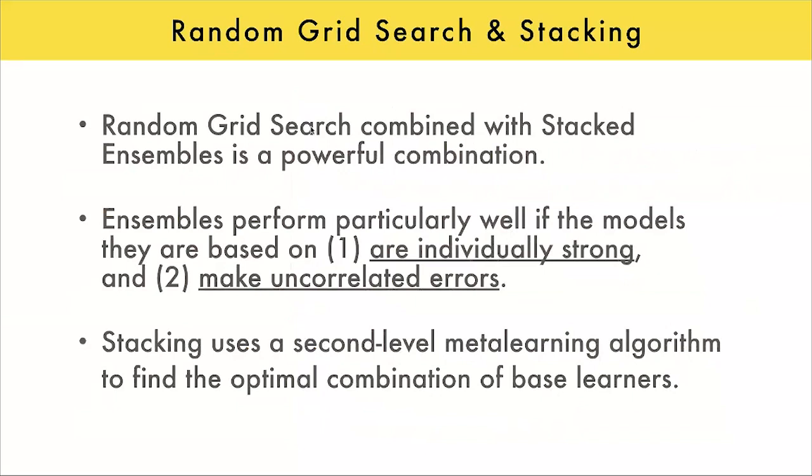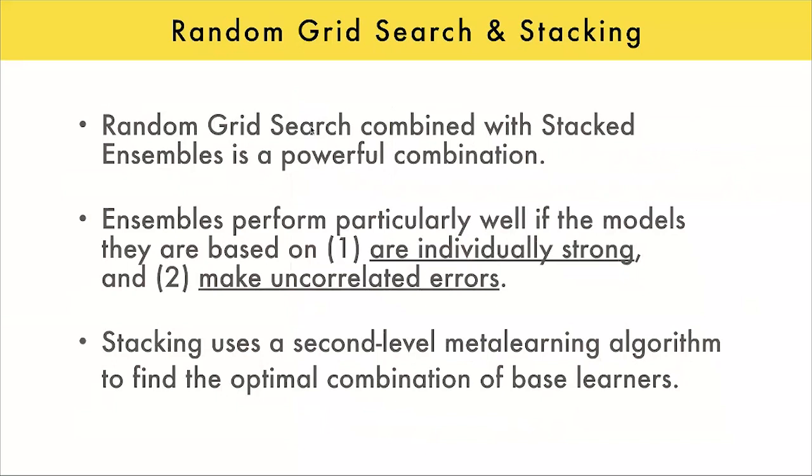So why is that? That's because ensembles, and particularly stacking, perform particularly well if the models in the ensemble are both, one, individually strong, so these are just good models to begin with. We're talking about random forests or GBMs. We prefer those types of models to a single decision tree or something like that.